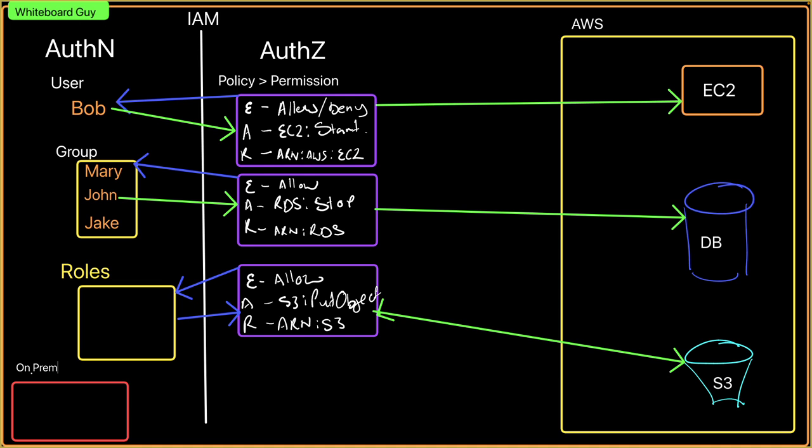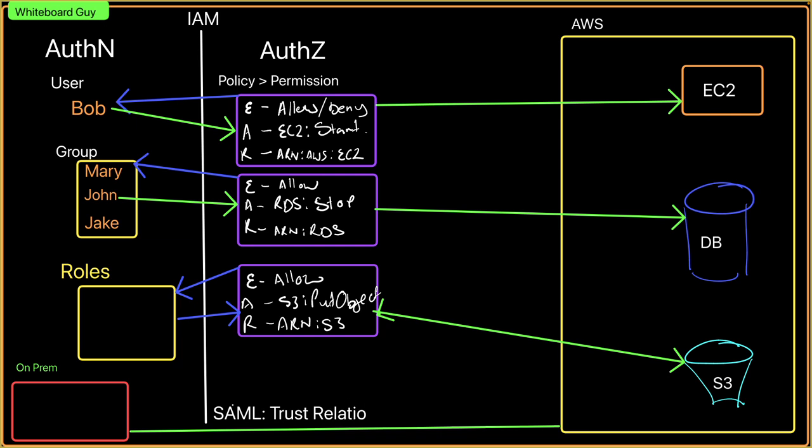When you have on-prem, what we create between you and the on-premises environment is a trust relationship. So we set up a trust relationship between your on-premises environment and AWS. Now, one of the ways that we can do this is via SAML. So via SAML, we could set up a relationship.